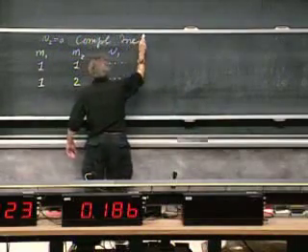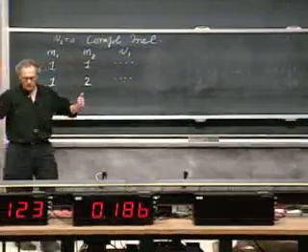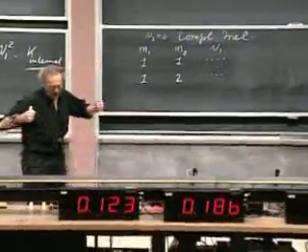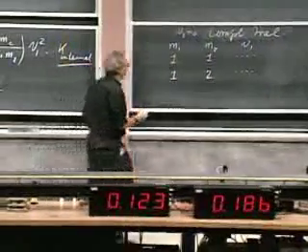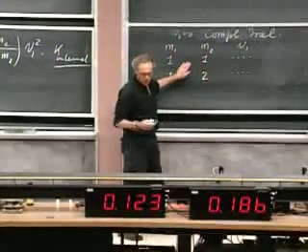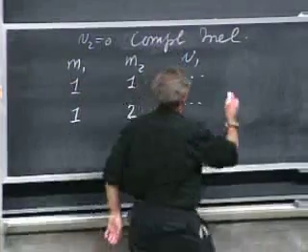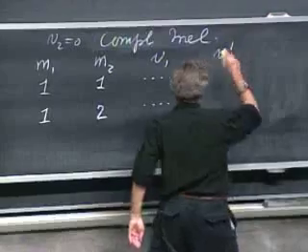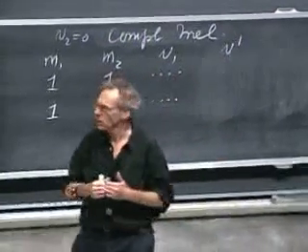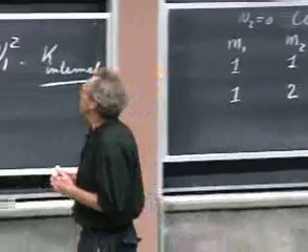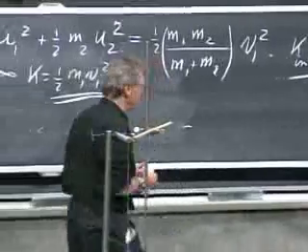So they hit each other and they get stuck. I give a certain velocity to the first car. It hits the second car and it gets stuck. And I see there what my V prime is.